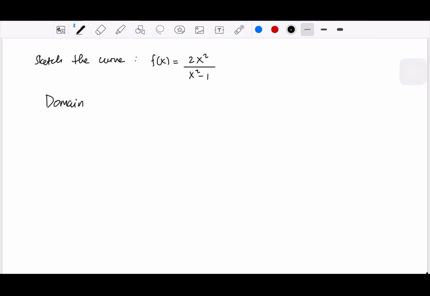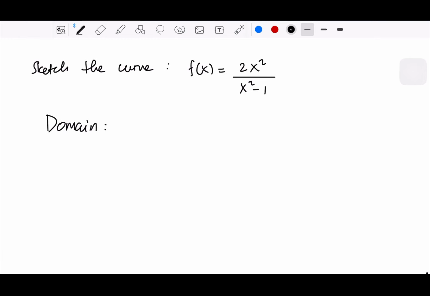First we check the domain. Of course, it is obvious that we have a rational function with something on the bottom that might be undefined, so we check. We write that x is not plus or minus 1, because those make it undefined, and all other x are defined as real numbers.